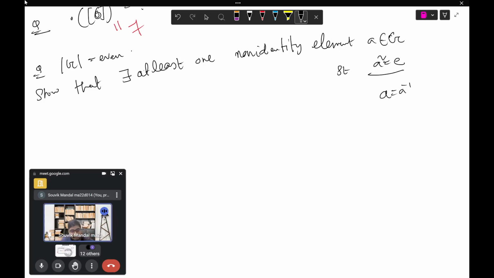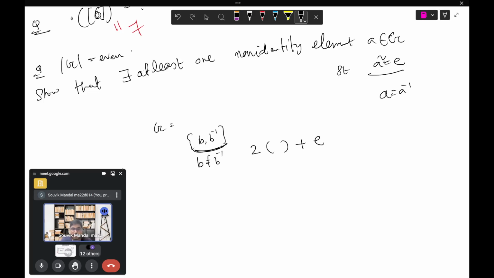Okay. So some of you tried and solved it. Consider the set of all those elements which are not equal to their inverses. These are pairing up, so we will get two times something plus the identity element.